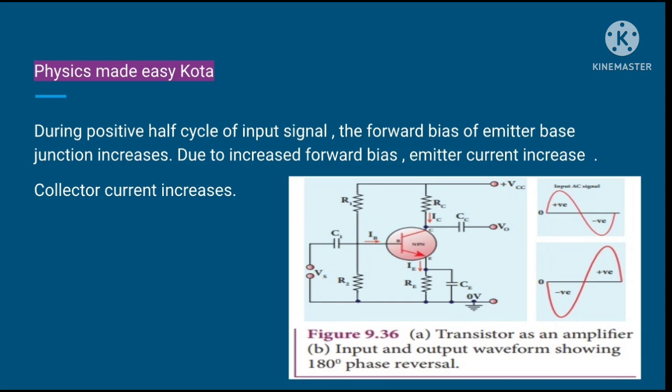So in a common emitter amplifier, the output voltage decreases with increasing input signal and increases with decreasing input signal. Both the input and the output are out of phase. In other words, they have a phase difference of 180 degrees, or pi, between input and output signal.